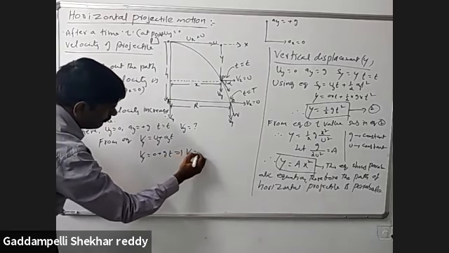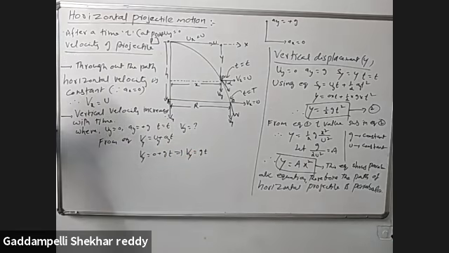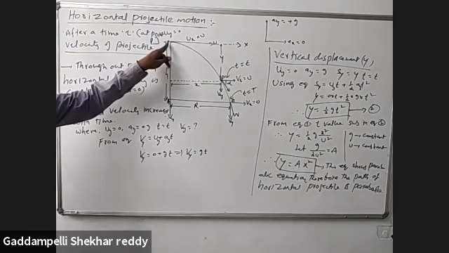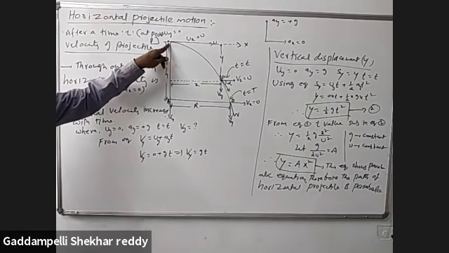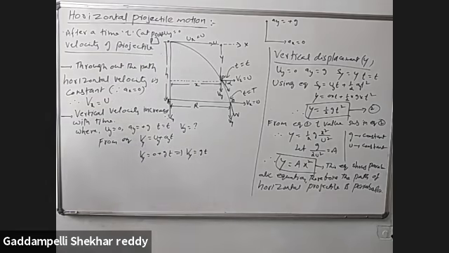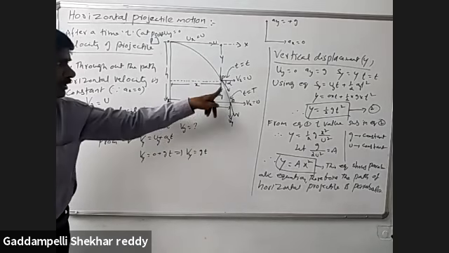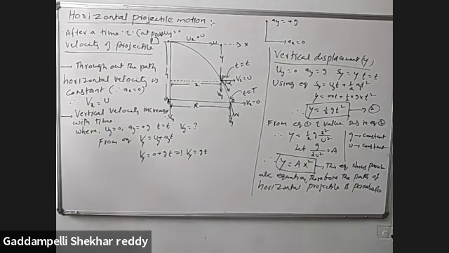That means Vy is equal to gt. So at the point of projection, the initial vertical velocity is 0, and after time t, Vy is gt, that means it increases. So this is the horizontal velocity. At this point, the horizontal velocity is u and the vertical velocity Vy is equal to gt.